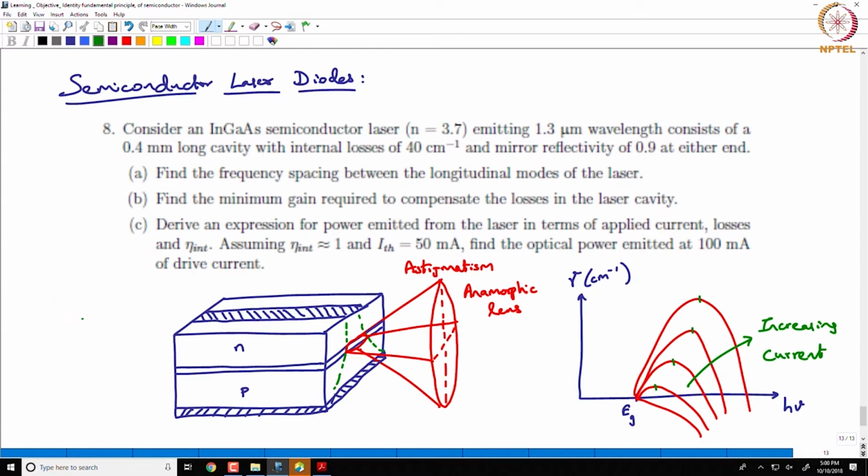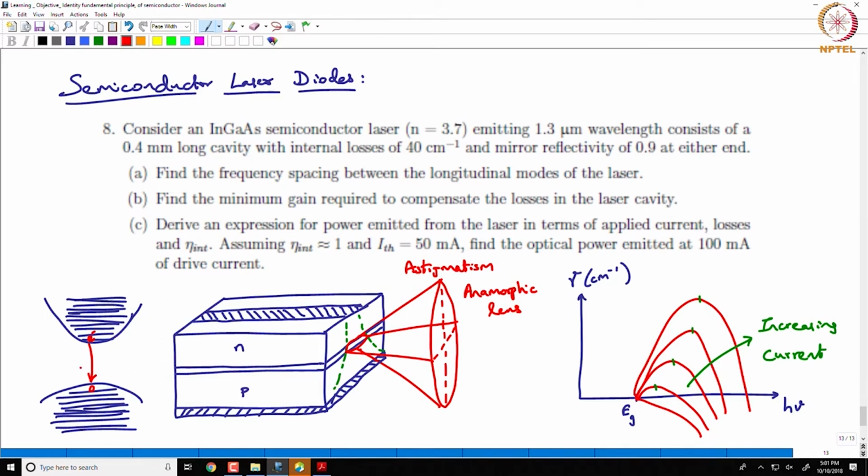Let me just try to draw that over here. If this is my conduction band and this is my valence band, you have low density of states and then much higher density of states over here. Initially when you inject some current, you have electrons over here and holes over here, so you have this recombination happening, and that energy is low.